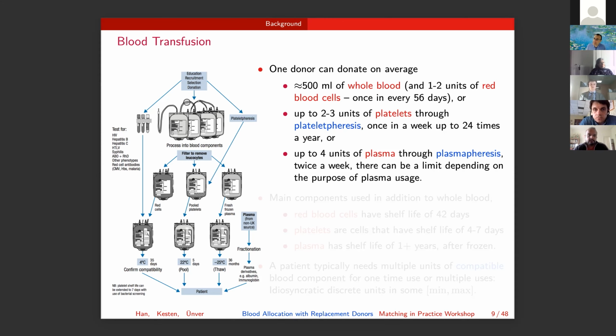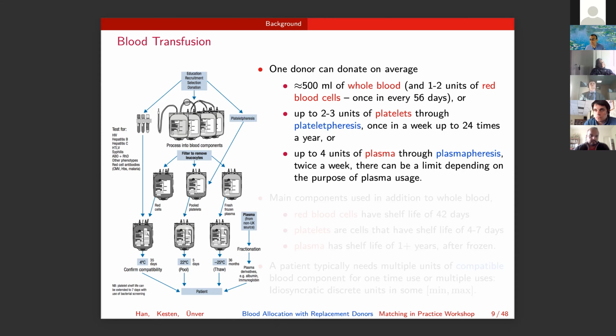So each of these packs is called a unit, okay? There's a standardized way they are stored in these packs. And the storage is very limited for platelets. You can only keep them for 5 days because they need to be kept at room temperature.